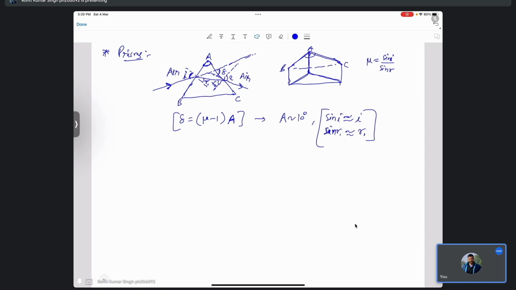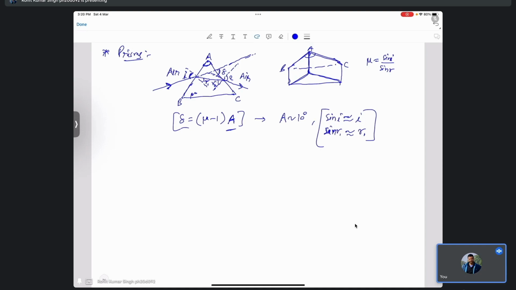Okay, so this is one precaution before using this formula. You can vary the angle of the prism and the refractive index of the material, and this deviation will change, right?